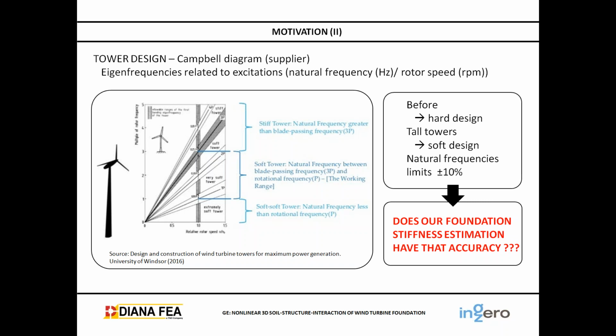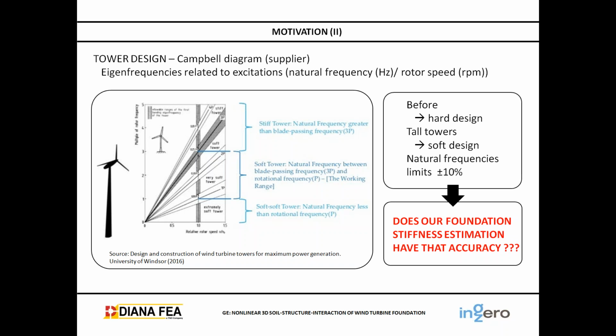Before, we had the stiff design in which the frequencies were over the resonance frequency of the rotor, but as the height of the towers has increased, we have gone into soft designs because we couldn't make such stiff towers. And also the margin we have in this estimation of natural frequencies of our structure is plus or minus 10%.